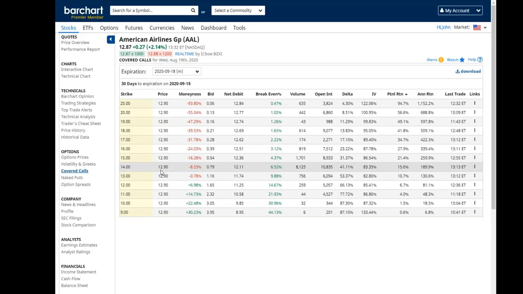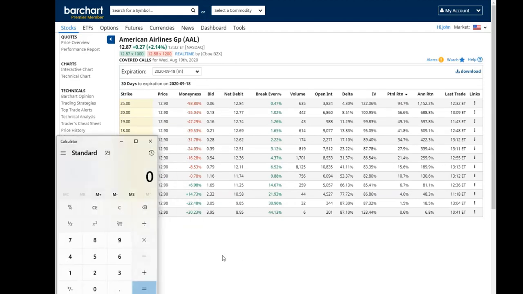So if we look at the $14 strike and I take in 79 cents, where's my calculator, right? And my net debit is $12.11. Well, I'm just going to divide that 79 cents divided by $12.11, right?